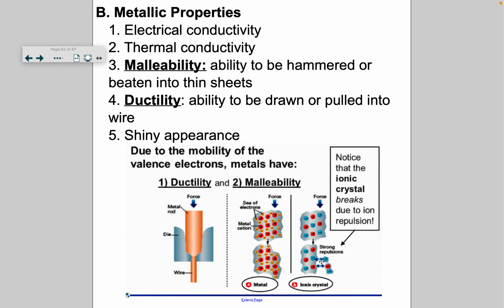And then metals are shiny. I wanted to look to see why. It says that the freedom of electrons to move in a network of metal accounts for the high electrical and thermal conductivity of all metals. In addition, metals are both strong absorbers and reflectors of light.